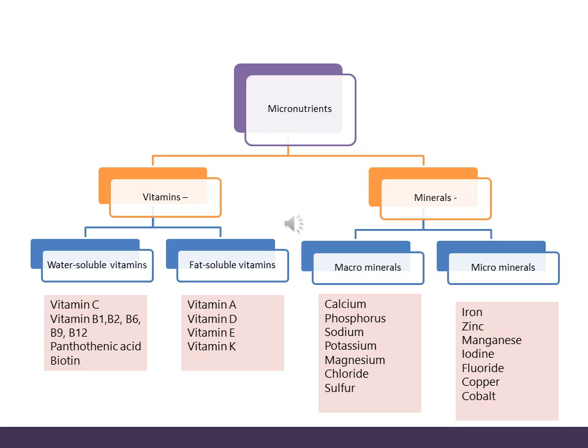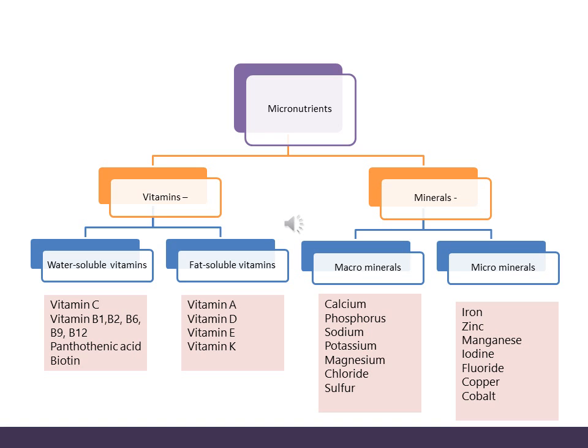Now, how about minerals? Minerals are found in organic compounds, and minerals could either be macrominerals or microminerals. What are macrominerals? Macrominerals are minerals required by our body in an amount of over 100 milligrams per day, such as calcium, phosphorus, sodium, potassium, magnesium, chloride, and sulfur. You already know the functions of these minerals.